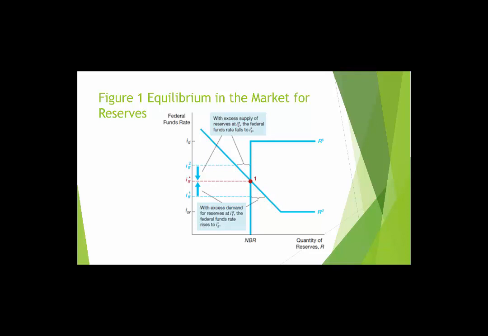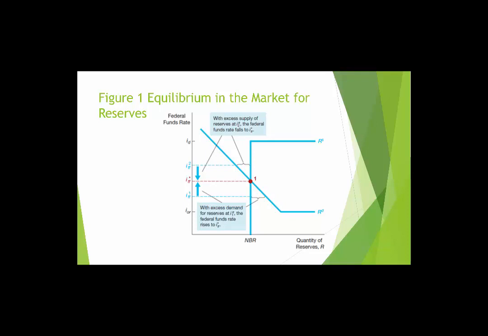In other words, as interest rates fall, people want more reserves, up to a certain point, and that point is the interest rate that the Fed gives you for those reserves. Why would you lend them? You just stick it into the Fed. So that's why it becomes horizontal at IOR.